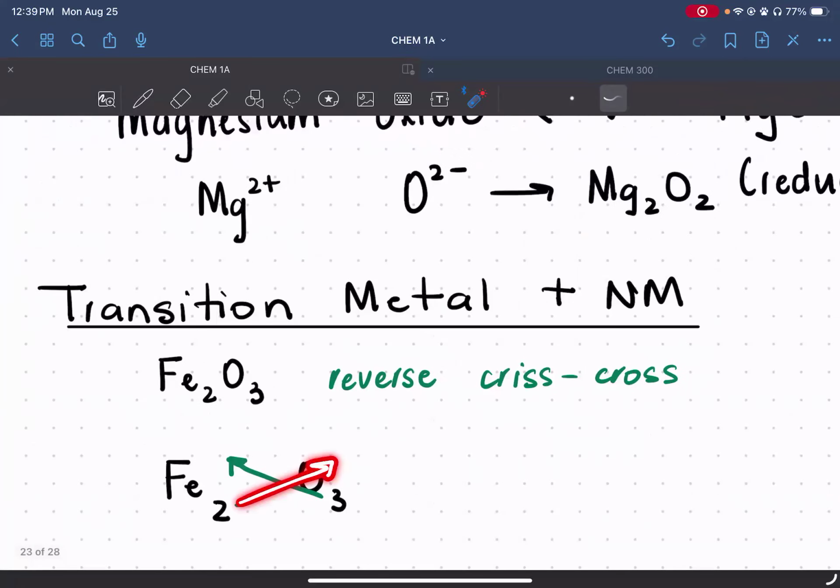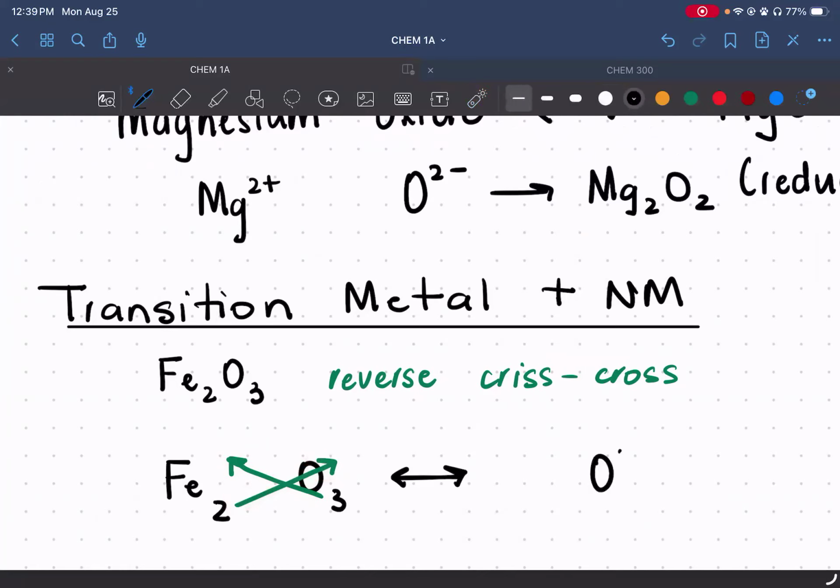We're swinging them up now so we know the charge. First and foremost, the 2 swings up to the oxygen. That makes sense. Oxygen is one of those elements that we can look at the periodic table and just tell.